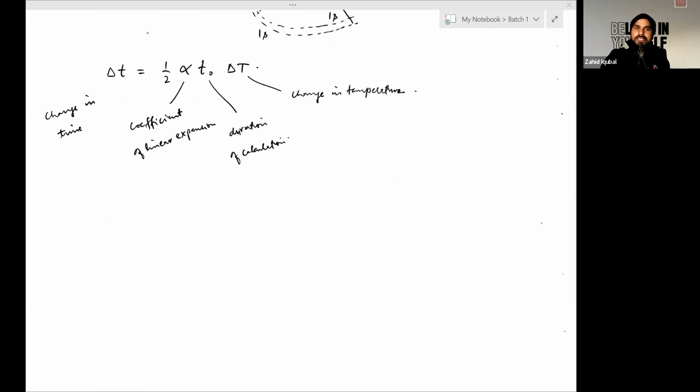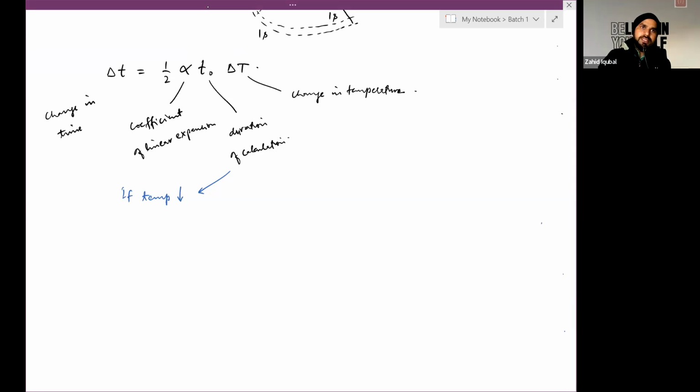Suppose I'm decreasing temperature. If temperature is decreasing, so what will happen to the reading of the clock?